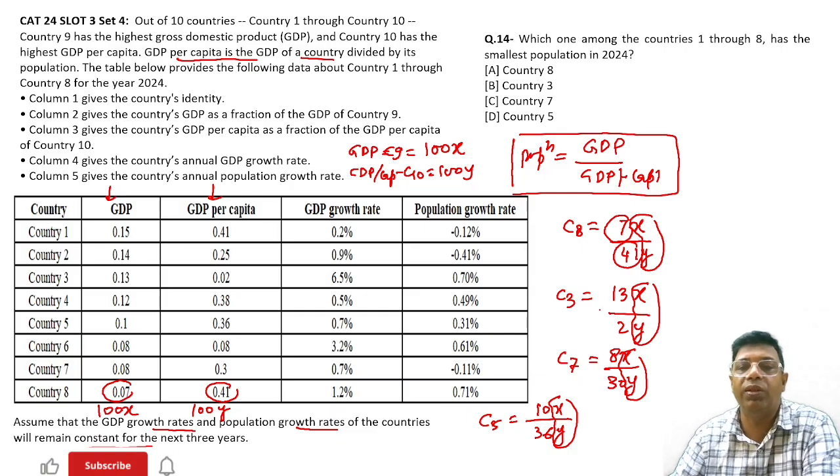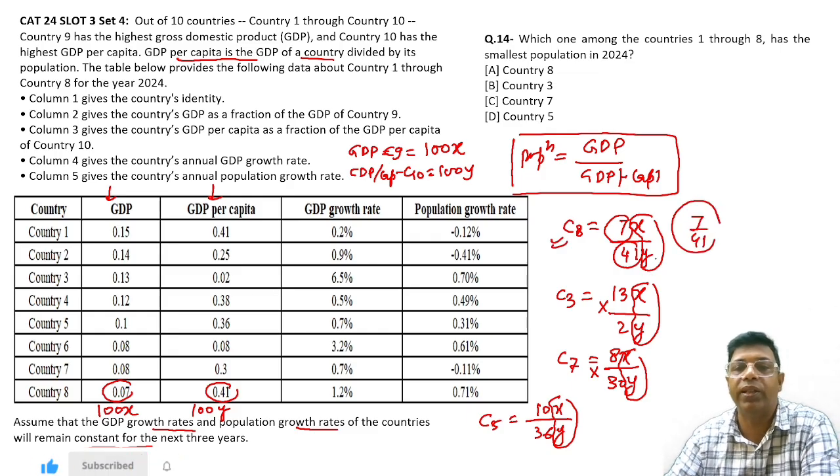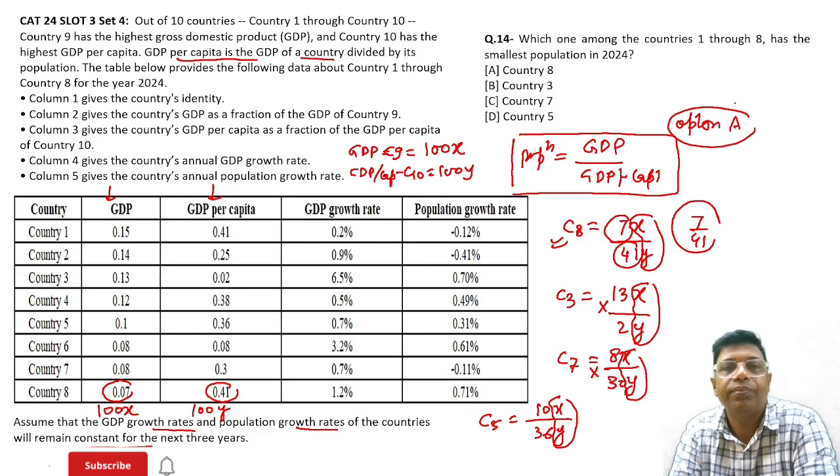We can clearly observe that 13 by 2 is very big, so you can eliminate it. Between 8 by 30 and 10 by 36, obviously C7 is the bigger value. And compared to C8, C8 is the lowest one because 7 by 41 is the lowest value among all the four. So country 8 is the correct answer, option A.